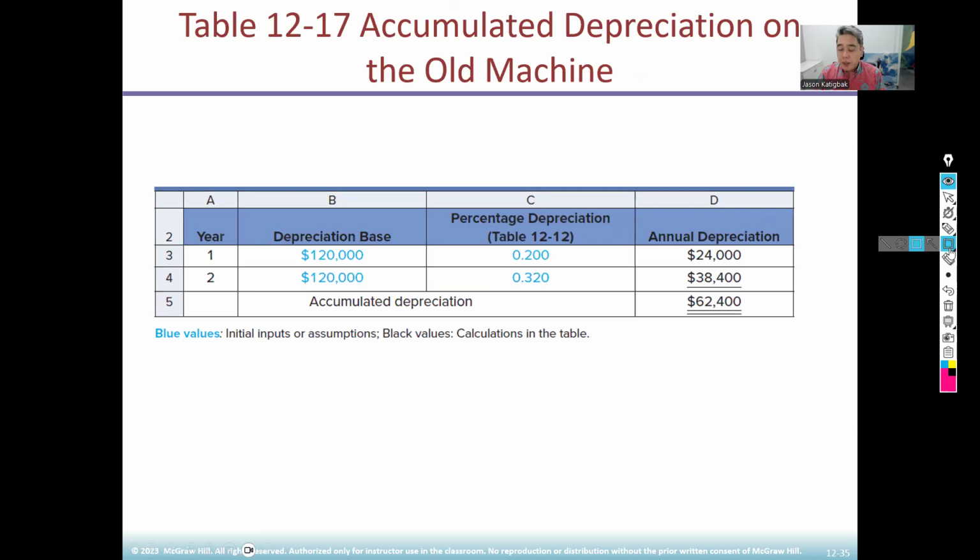So the old equipment on this problem, when you read the book, is 120,000. But the new equipment is actually 180. And then you bought it in year one. And then you use that table, and your annual depreciation is actually 62,400. So you need to take this out, this 24,000 and then 38,000, because you're not going to have it anymore.